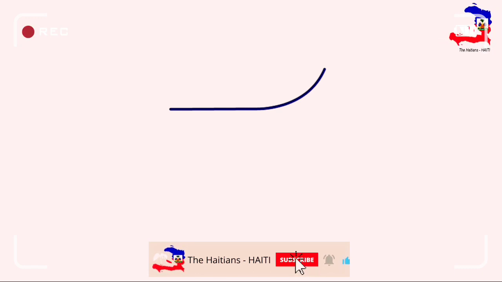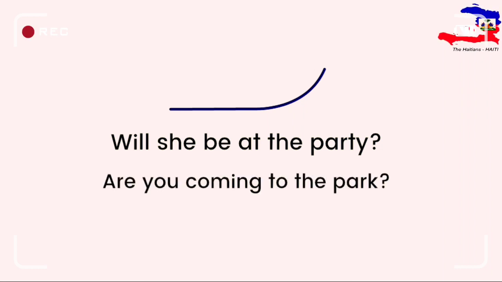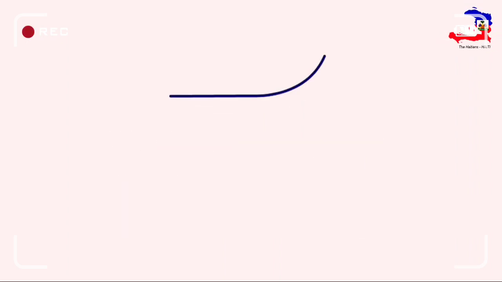Here are some other yes-no questions. Will she be at the party? Are you coming to the park? Did you put it in the bag? Sometimes WH questions end with rising intonation when the speaker asks for clarification. And sometimes statements also end with rising intonation when the speaker has doubt.